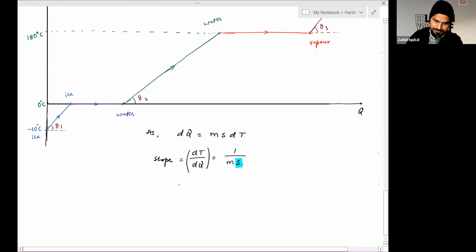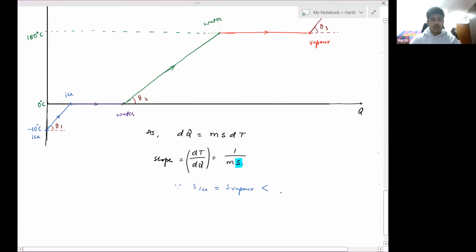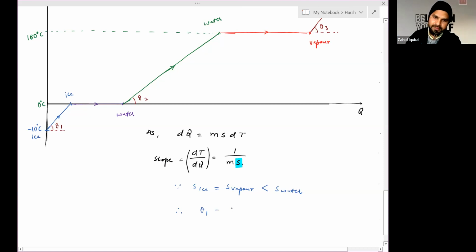So since the specific heat of ice is equal to that of vapor, and these are smaller compared to water, and since slope and specific heat are inversely proportional, the slope for ice, theta 1, and for vapor, theta 3, must be greater than the slope for water.